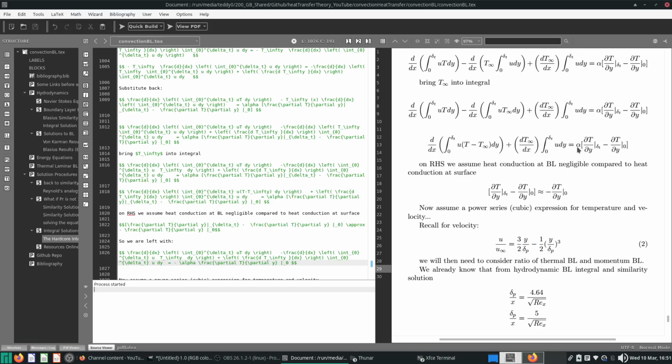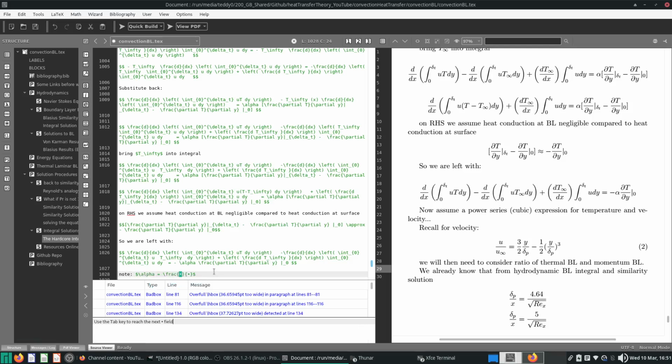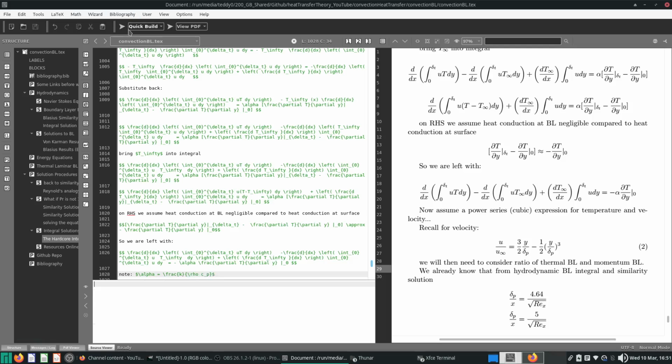Of course, if you want to take rho CP and multiply it to the other side, you can, because all of the rho CP is an alpha. Alpha equals K over rho CP, which is K over the volumetric heat capacity.